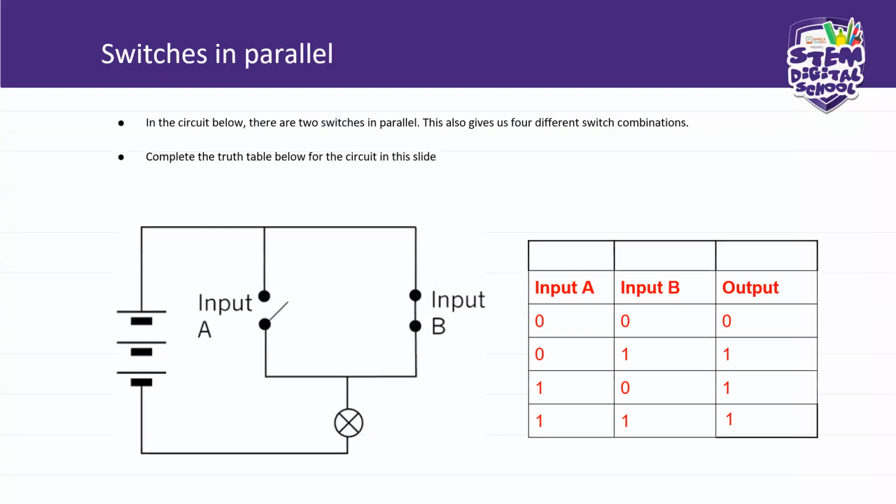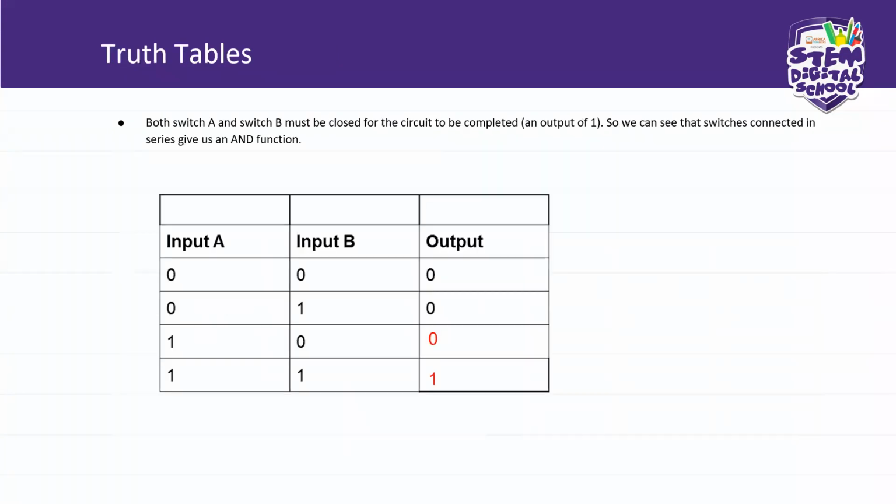So for me to turn on this light, I need an input in any of these, it can be this one or that one, I will have an output. Whereas this one, it's an AND function. The series connection, it's an AND function. Because for me to get an output, I need this one switch and this one switch to be on, and then I will have an output.